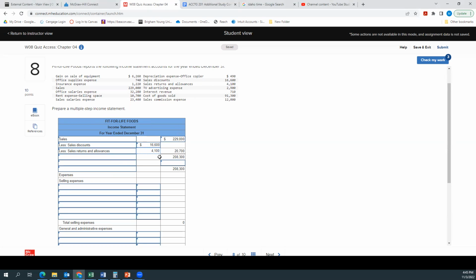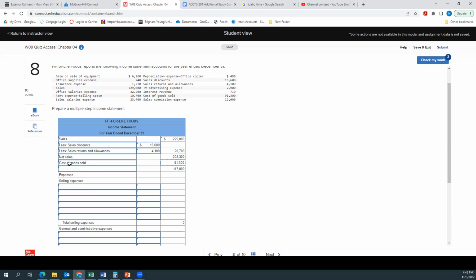All right, so that's going to give us this amount, which is called our net sales. Net sales just means sales after sales returns and sales discounts. After our net sales, we'll record our cost of goods sold, which remember is an expense. It literally means the cost of the goods that we're selling, which seems obvious, but not always, right? 91,300 is up here.